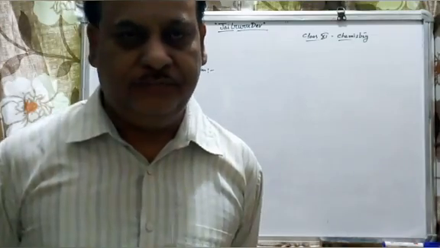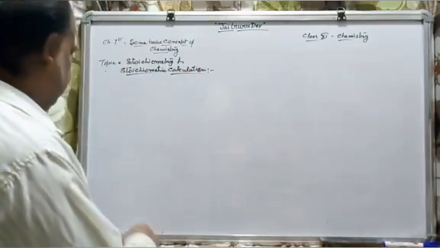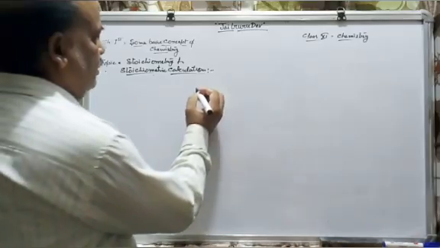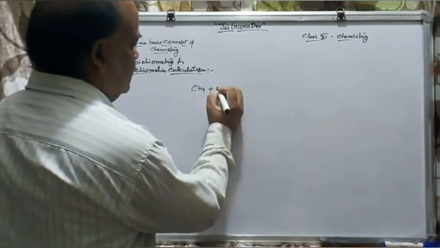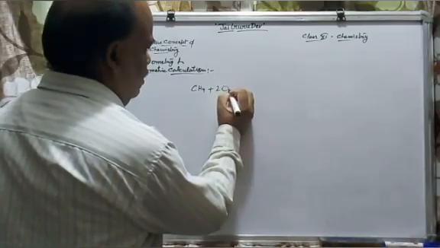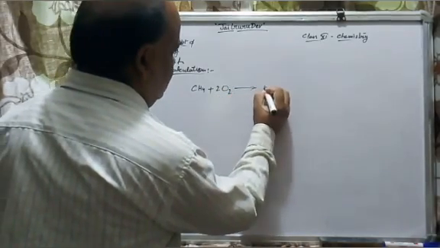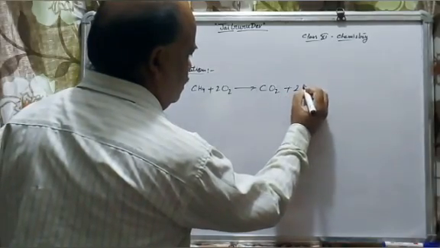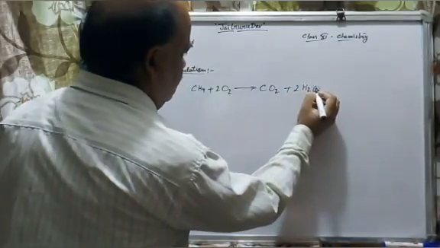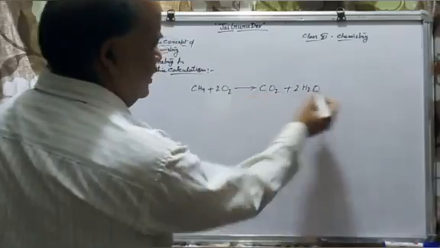For example, CH4 plus 2O2 gives CO2 plus 2H2O. This is a balanced equation.